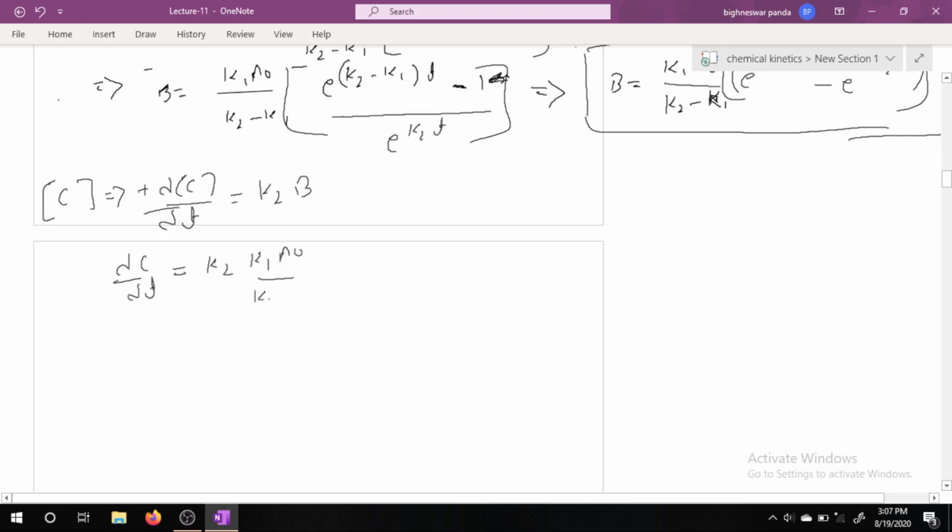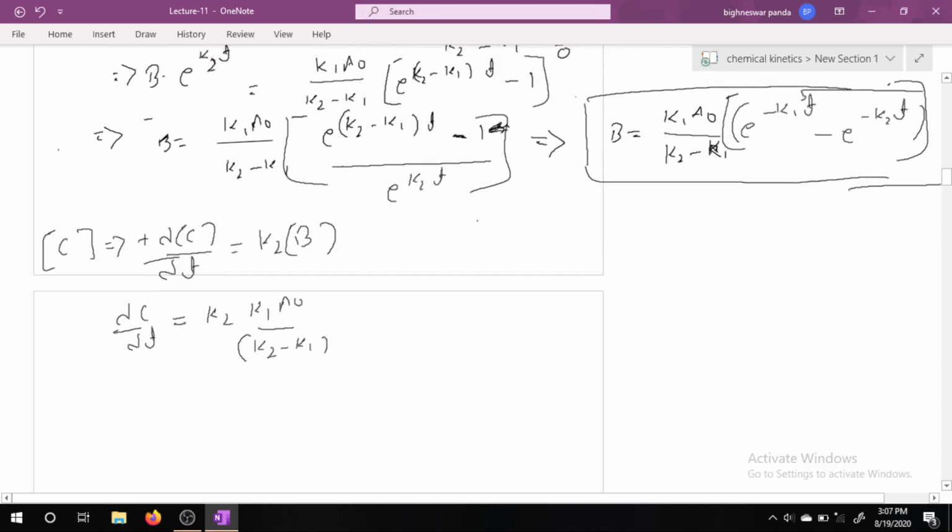Simply in terms of B I can write dC by dt equal to k2 into k1 A naught divided by k2 minus k1, into e to the power minus k1t minus e to the power minus k2t. So by taking dt that side, I can write integrating dC equal to this expression.